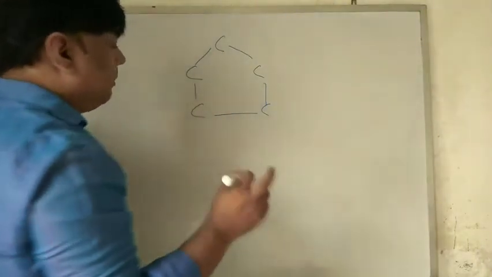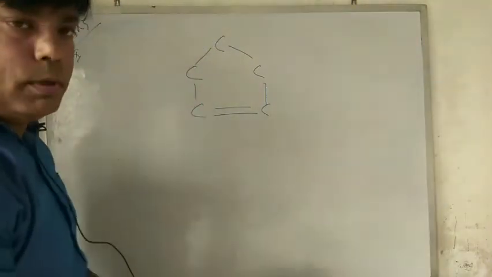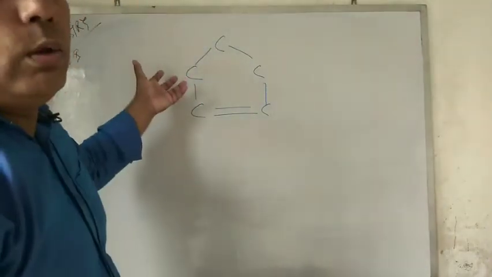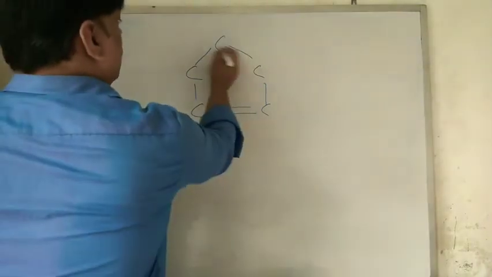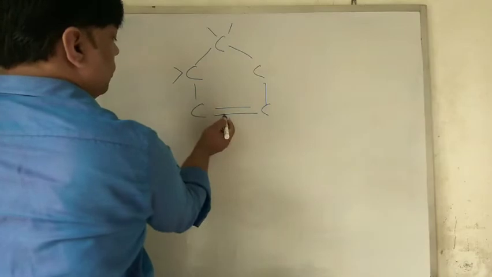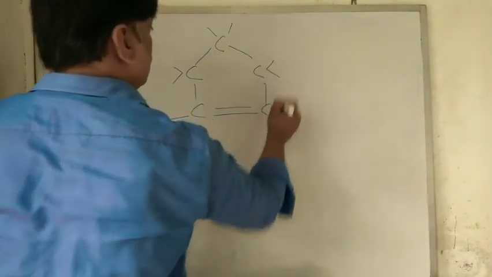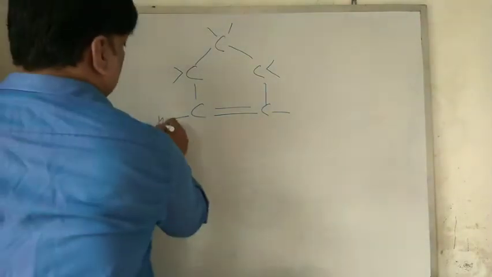If there is a double bond between any two carbons, then it is a cycloalkene. Valencies should be 4, and the remaining bonds go to hydrogen.